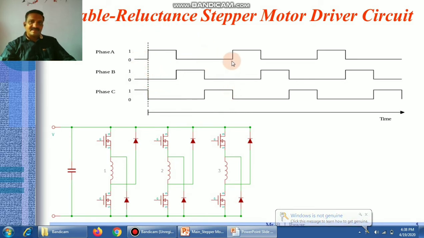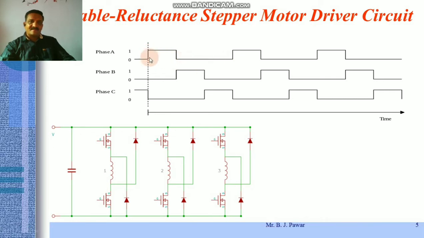Now we can calculate the frequency of these pulses by calculating capital T, that is its on period and off period. So whenever we change the frequency of these pulses related to phase A, B and C, the speed will get decided.